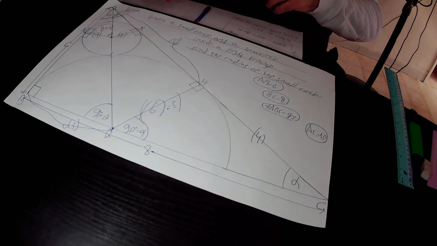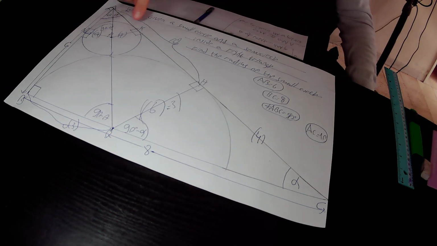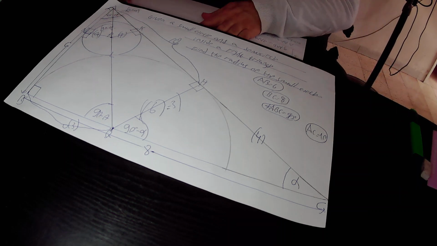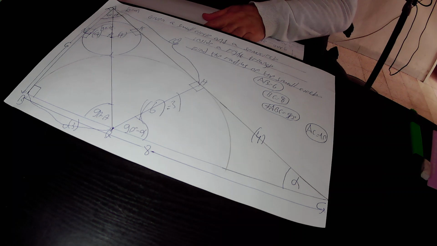And for the fact that the big right triangle ABQ is similar to the small right triangle ANP, we derive that the following relationship exists between their sides.